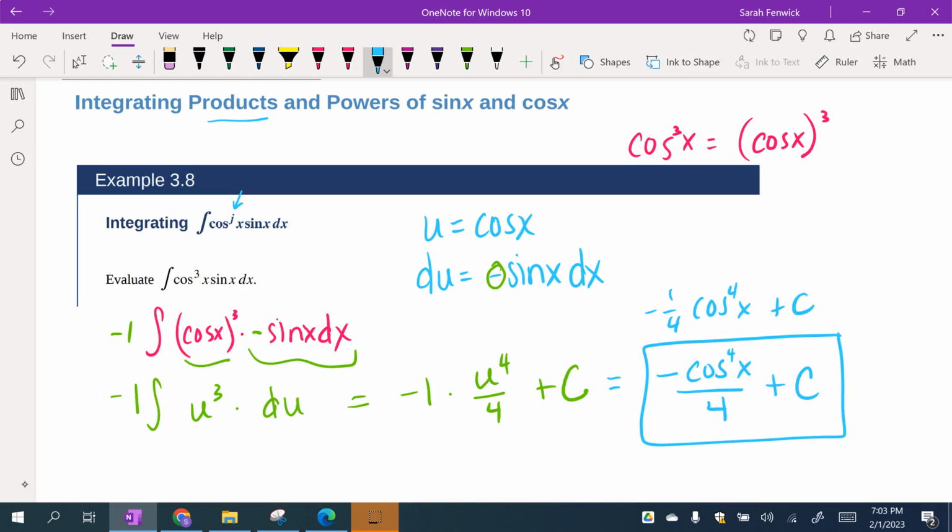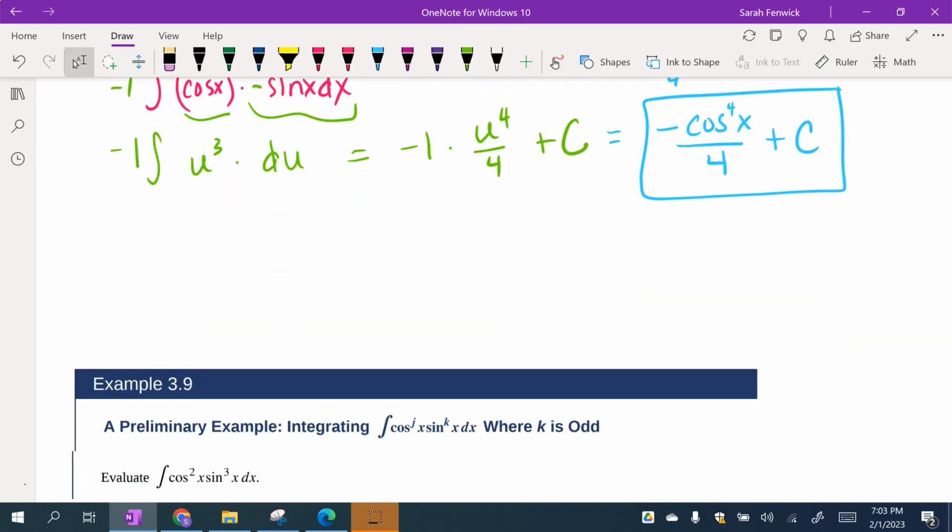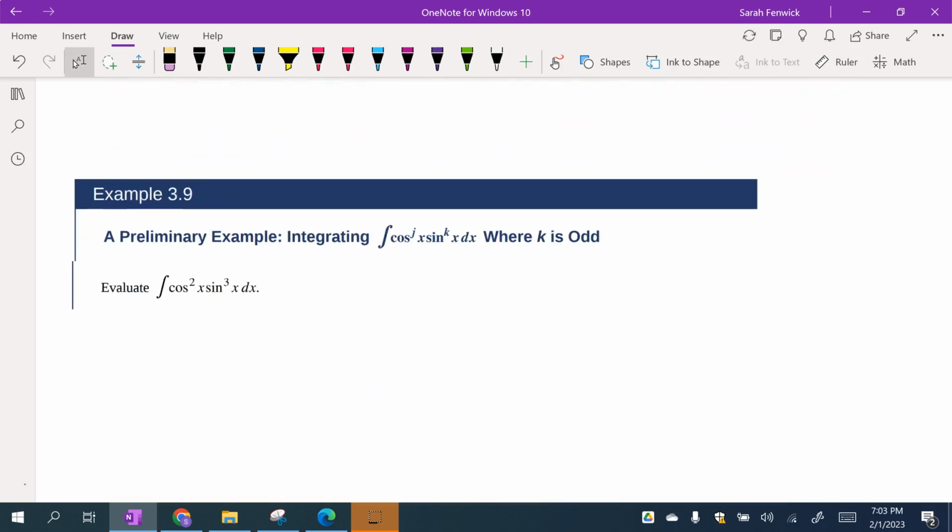So in the next one, we're going to talk about integrating the cosine to a power x, sine to a power x dx when k, the power on sine, is odd. Okay? So if k, the power that's on sine, is odd.